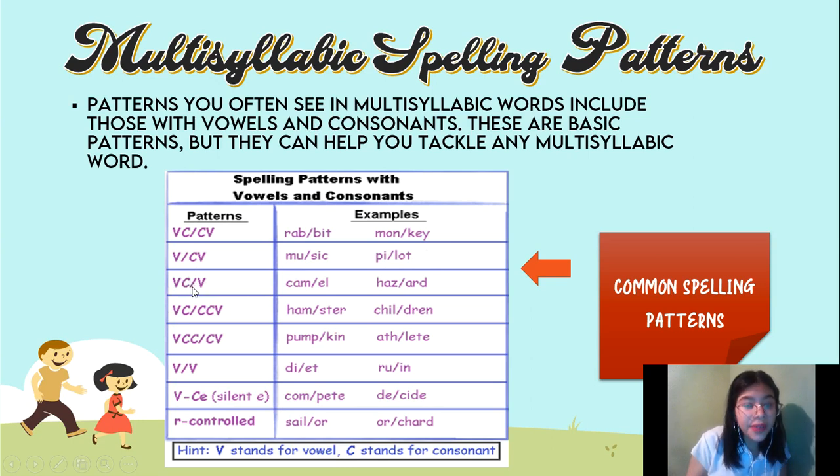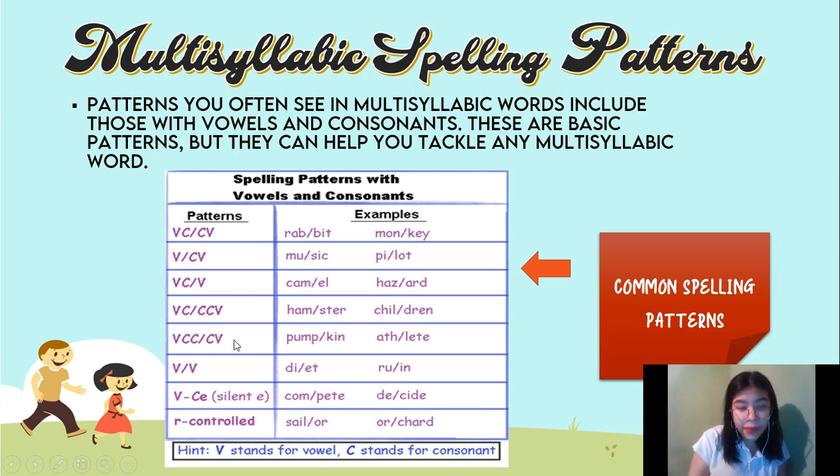Then we have another example of the pattern of vowel, consonant, and then another vowel, as in camel and hazard. Then we have the pattern of vowel, consonant, another consonant, and we finally end with a vowel, as in hamster or children.